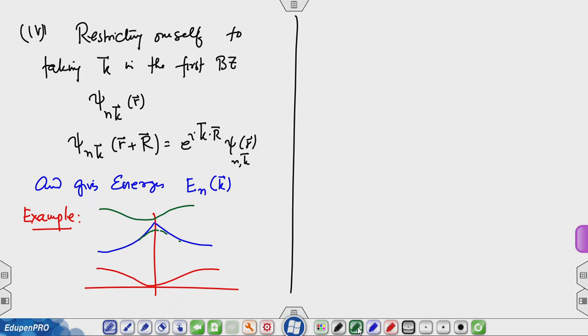And you restrict yourself to within the first Bloch zone. So, these are 4 points I made about the Bloch wave function. Notice whatever we discussed in lecture 32 has now been made rigorous and exact through this Bloch's theorem.